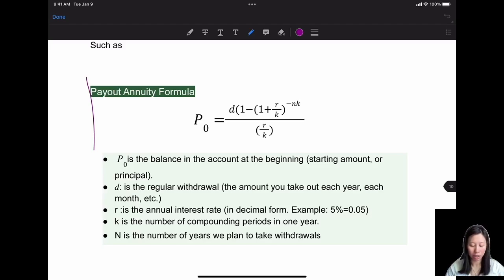And D is the regular withdrawal. In our last video, D was our regular deposit, but this one is the regular withdrawal. R is the interest rate, K is the number of compound periods in 1 year, and N is the number of years you plan to withdraw.